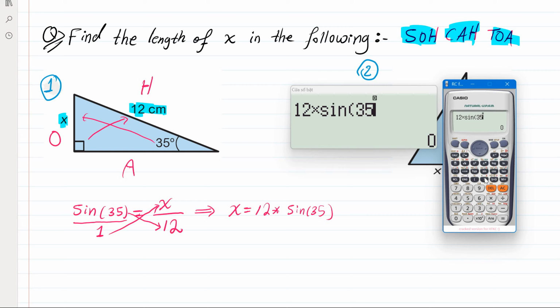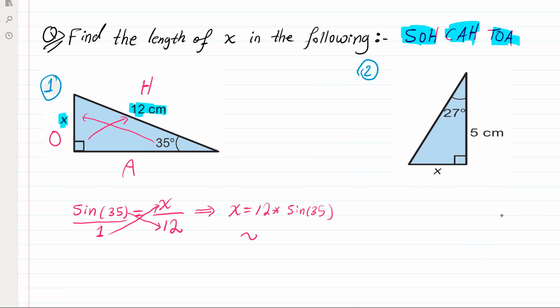Even if you don't close the bracket, it doesn't matter, but try to close the bracket to learn. Remember, you must be on degree mode, so the answer is 6.88. If you round to the nearest two decimals, the final answer is 6.88. Okay, let's go to the other one.